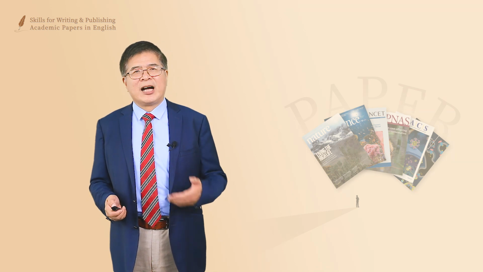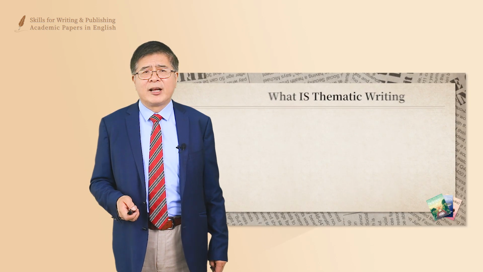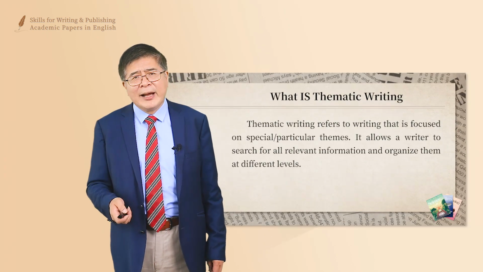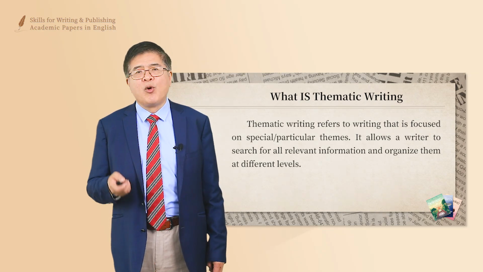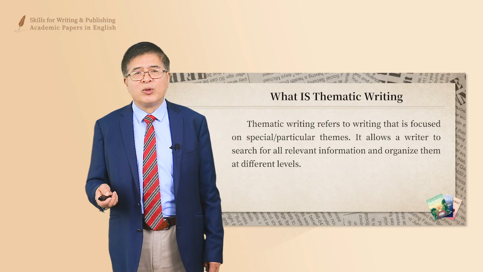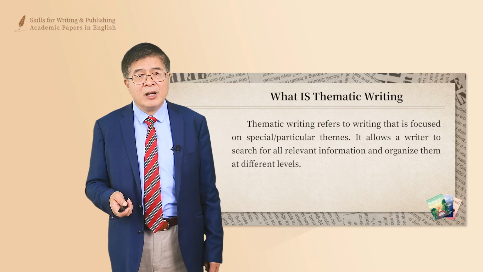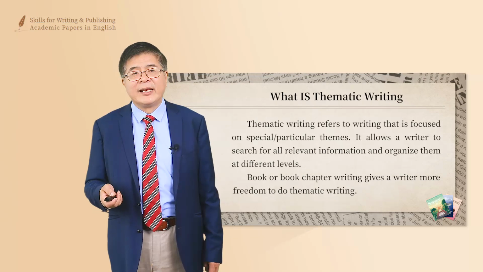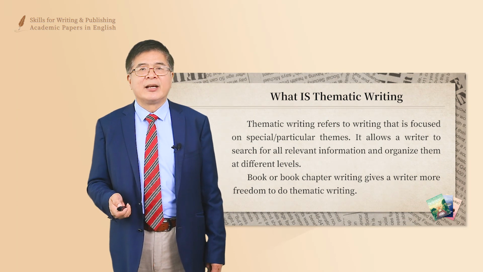All right, having said all of this, I want to recommend this to you. It's called thematic writing. Thematic writing refers to writing that is focused on special or particular themes. It allows the writer to search for all relevant information and organize them at different levels. Book or book chapter writing gives writer more freedom to do thematic writing.